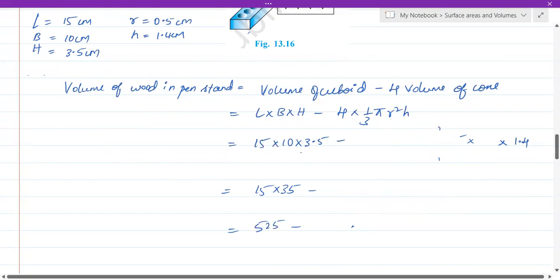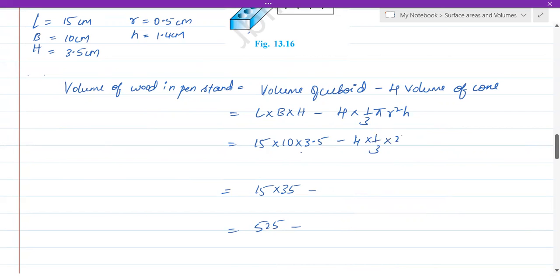So this is what happens. We have to be very careful when we solve it. If such a mistake happens in the exam, we'll lose marks. So 0.5 into 0.5, h is 1.4. We can cancel 7 ones are 7, 7 twos are 14.